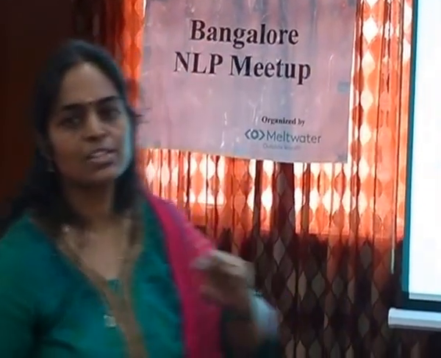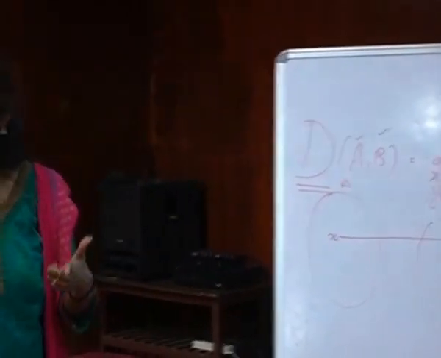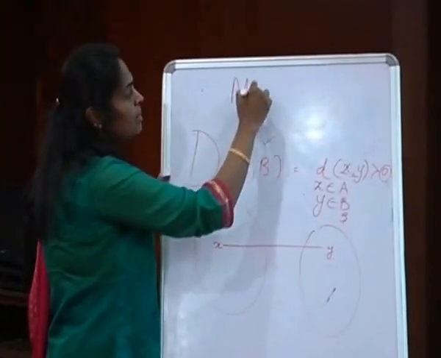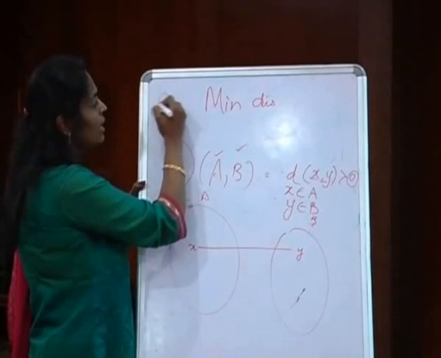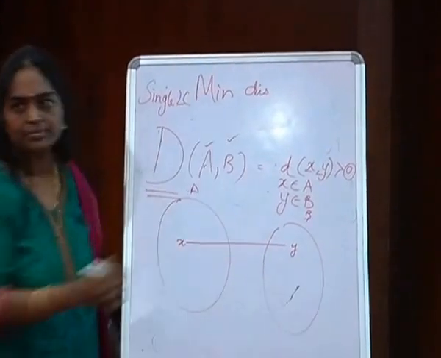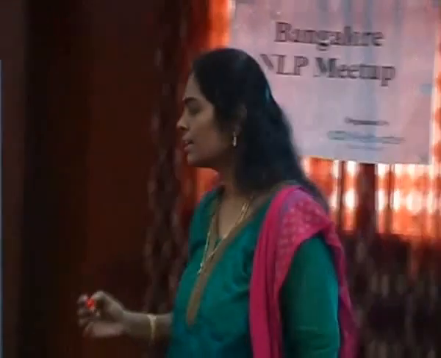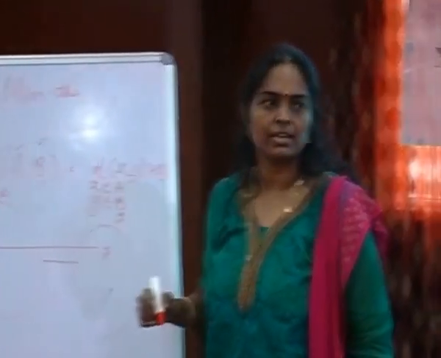But to address it, we have two divisions. One is called single linkage clustering and the other complete linkage clustering. If I have minimum dissimilarity among the clusters, I call it single linkage clustering. Minimum dissimilarity means this is my minimum dissimilarity.